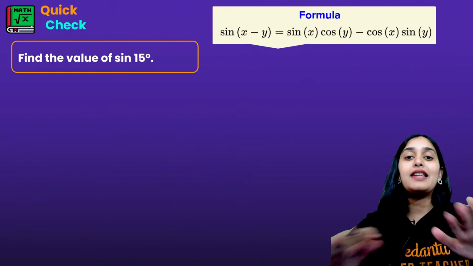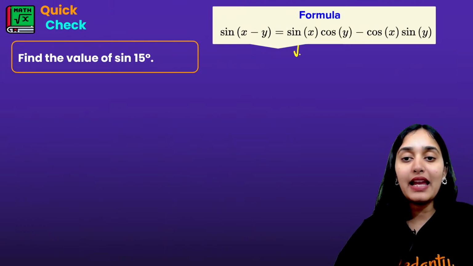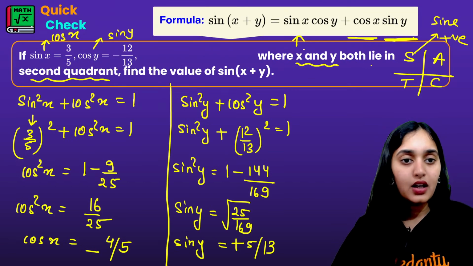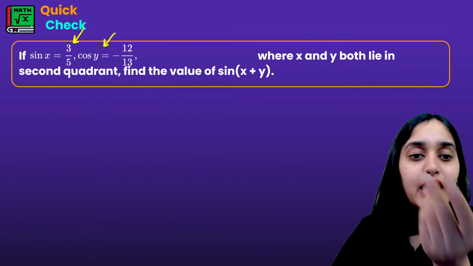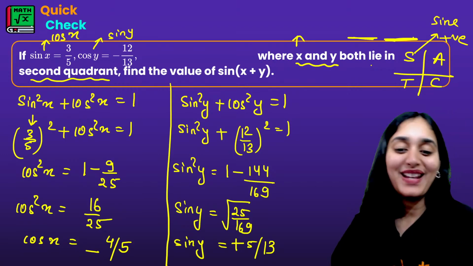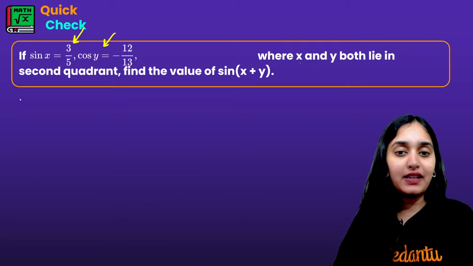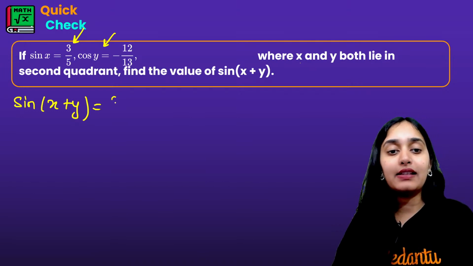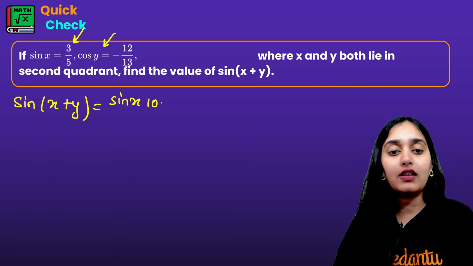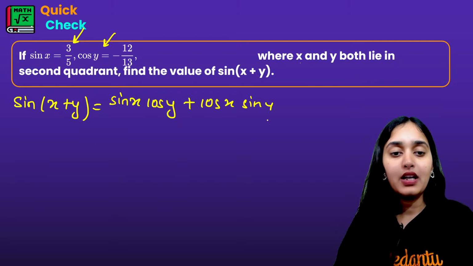Now we have the value of everything. Sin x is 3/5. Sorry, we don't have space. Okay, so now we have sin(x + y) is sin x cos y plus cos x sin y.